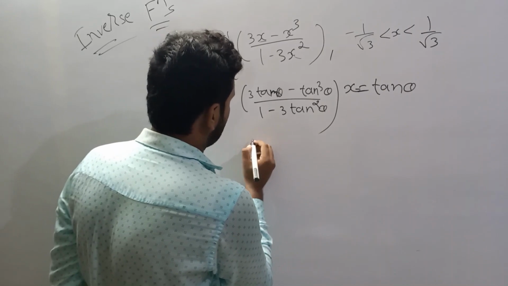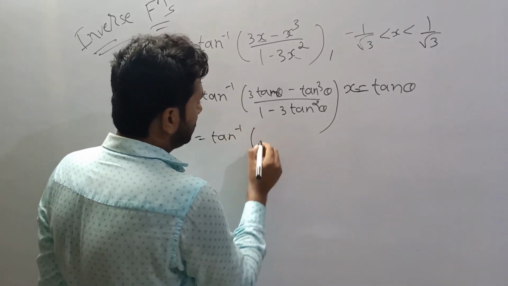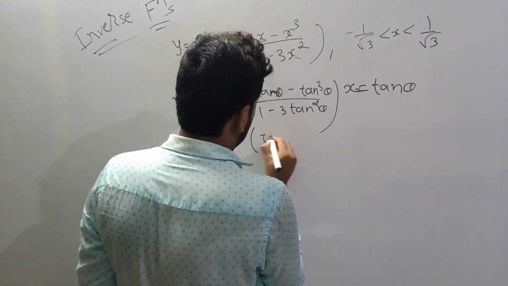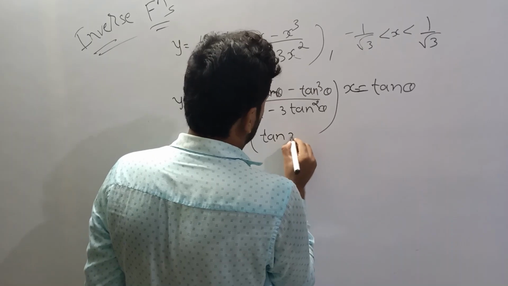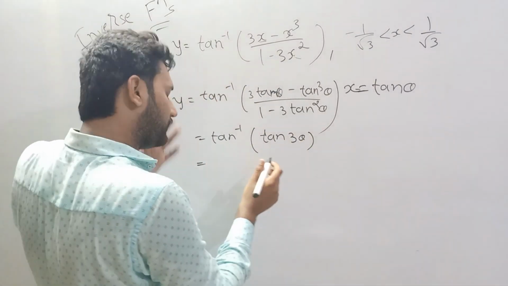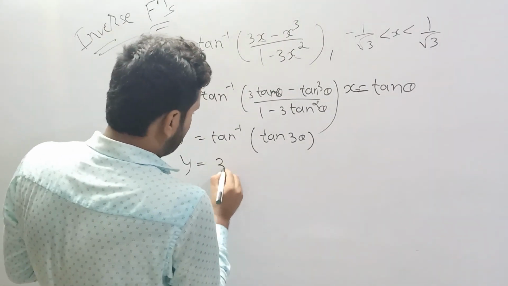So this will become the formula of tan 3 theta. So as we all know, the answer will be 3 theta.